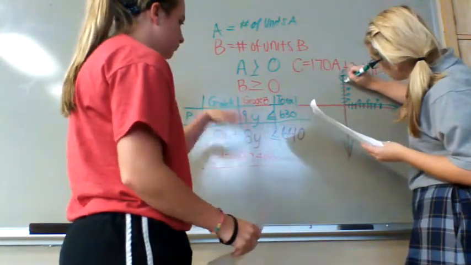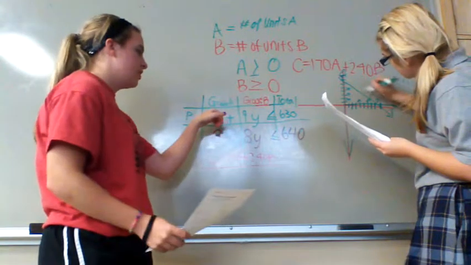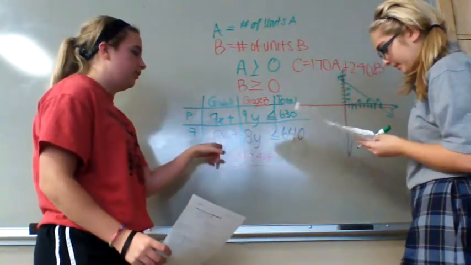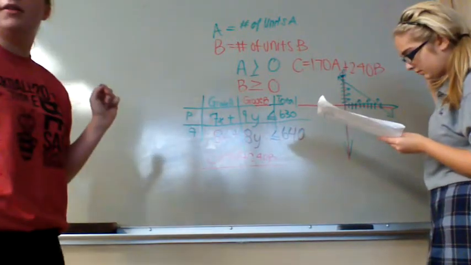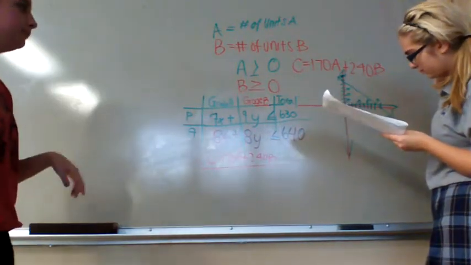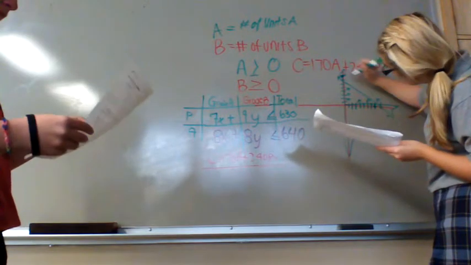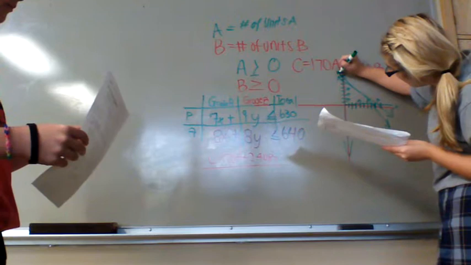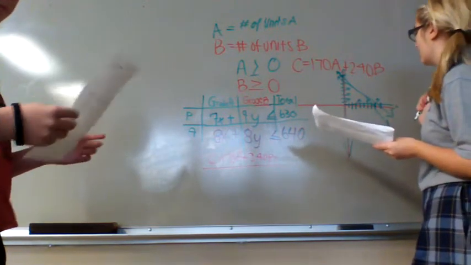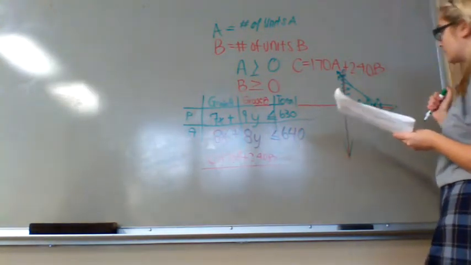And you plug 0 in for 7x, and then you do the same down here, and you plug 0 in for 8x, and plug 0 in for 8y. And then our second would be 80, 0, and then 0, 80.